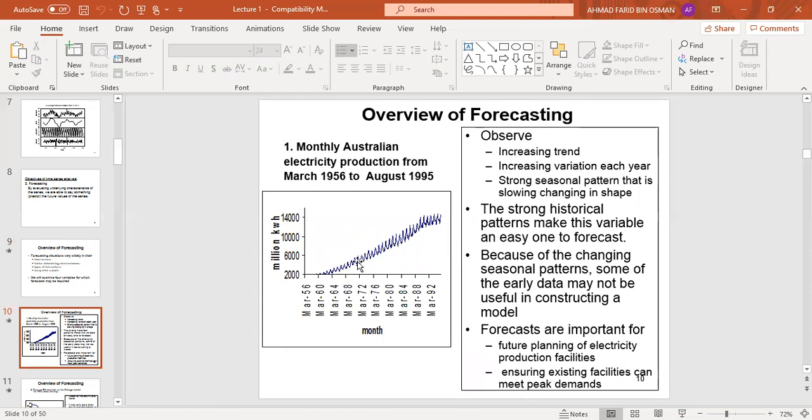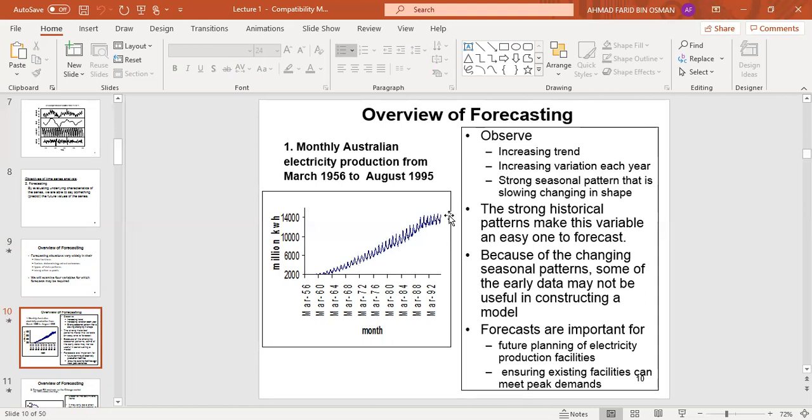The strong historical pattern makes this variable an easy one to forecast, because it has a systematic trend that increases, and also seasonal variation, so you can use that information to forecast the future values of the same series.